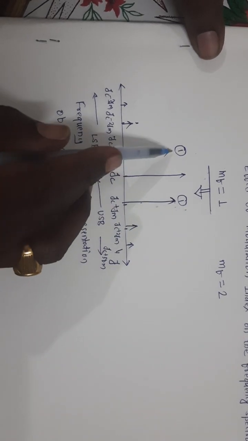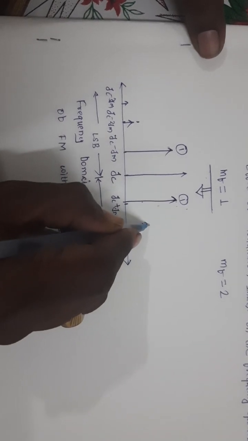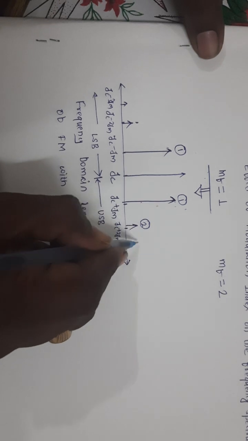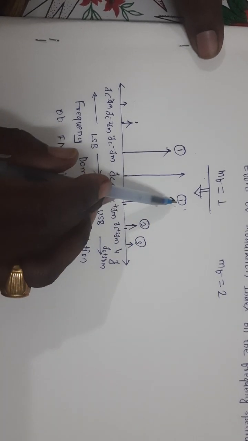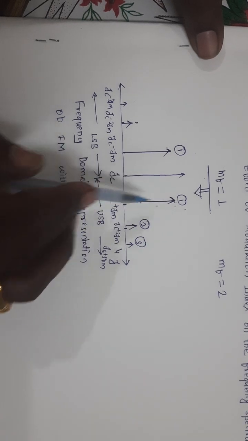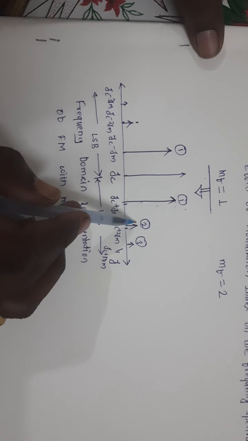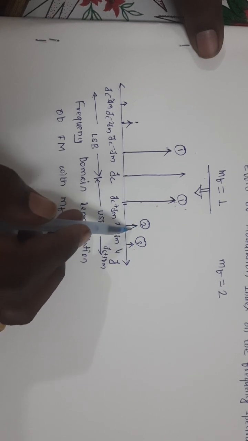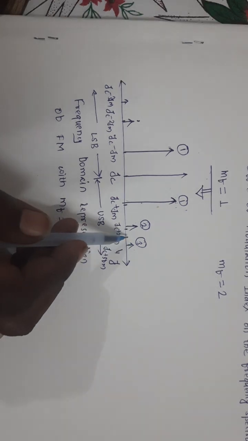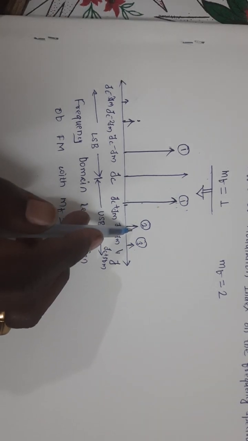If we compare upper sideband 1, upper sideband 2 and upper sideband 3, upper sideband 1 has a significant amplitude, more than that of upper sideband 2 and 3. So upper sidebands 2 and 3 do not have that much significant amplitude.